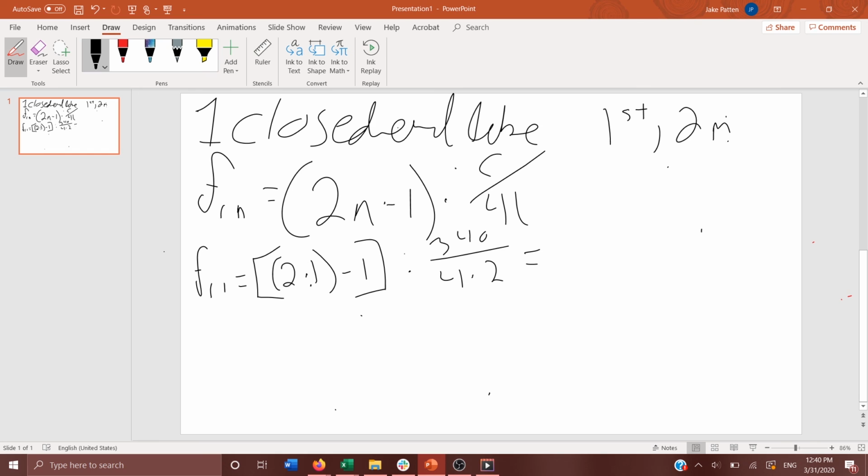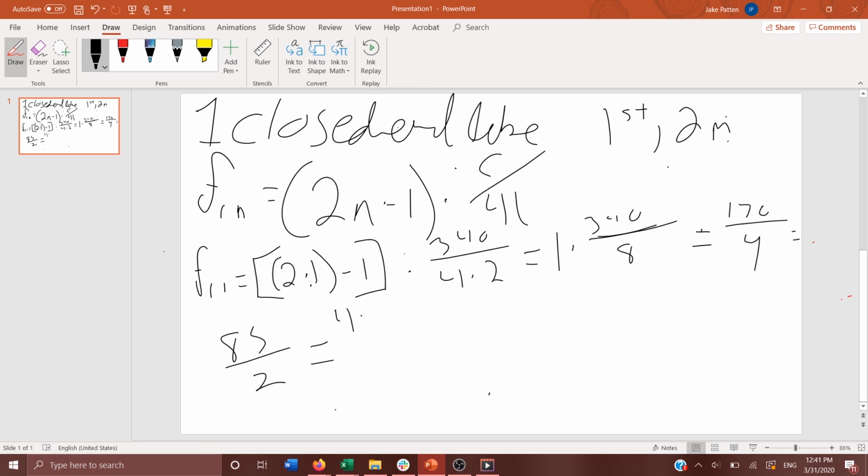Okay, so we can simplify. 2 times 1 is 2, 2 minus 1 is 1, so we're left with 1 times 340 over 8. 4 times 2 is 8. 1 times anything is itself, so we're left with 340 over 8, and we can start to reduce, so we've got 170 over 4, or 85 over 2, or 42.5 is our answer. 42.5 hertz. Great.